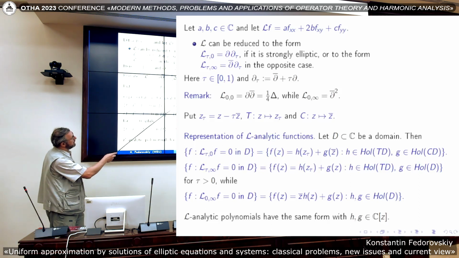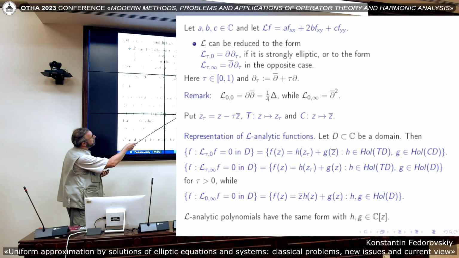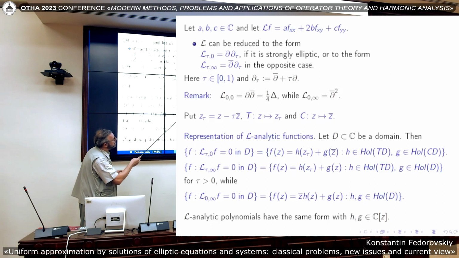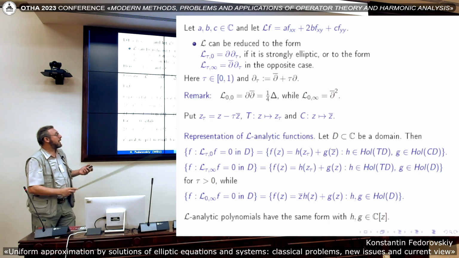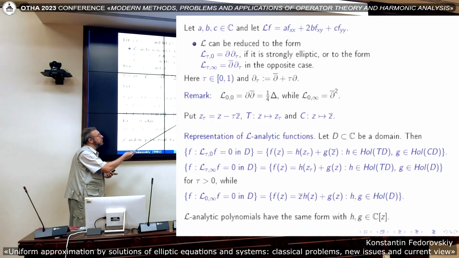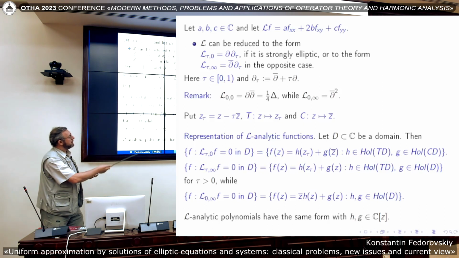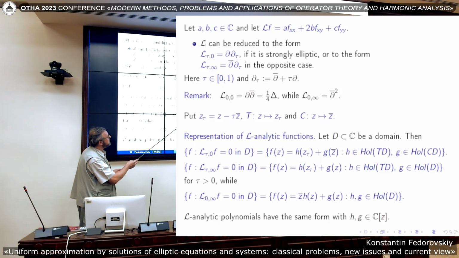For example, with tau equals 0, we have a representation of a harmonic function as a sum of holomorphic and anti-holomorphic counterparts.